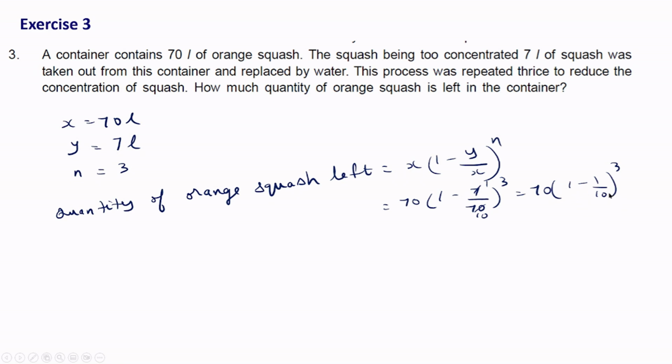This 1 minus 1 by 10, LCM is 10, so it is 10 minus 1, 9 by 10. 70 into (9 by 10) the whole cube. So this is 70 into 9 cube is 729 and 10 cube is 1000. So this is 51.03 liters. The quantity of orange squash which is left in the container is 51.03 liters.